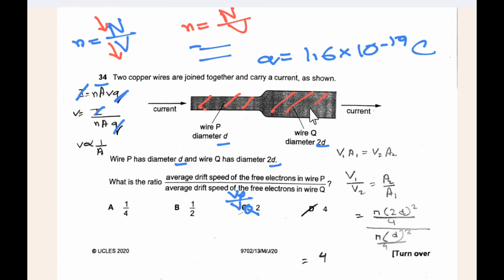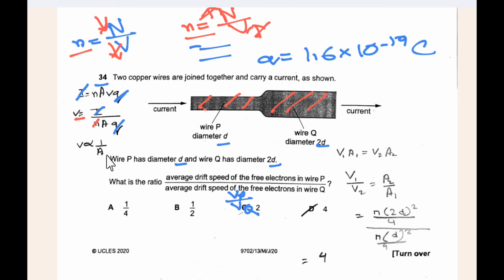But for a thicker wire, the volume is more, and so the number of free electrons is also more. So the ratio remains the same, less cancels with less, more cancels with more. That means n is the same, so the number of free electrons per unit volume is the same.